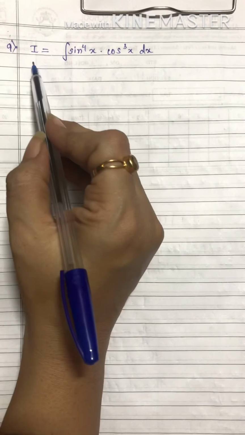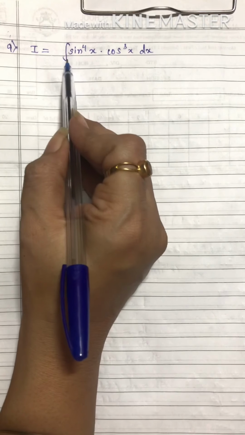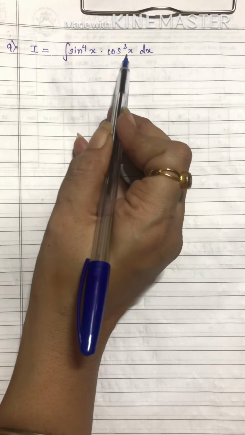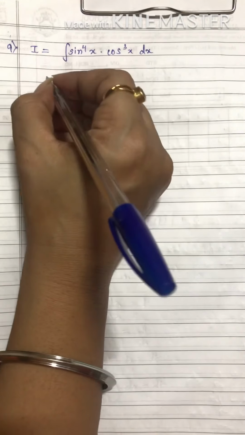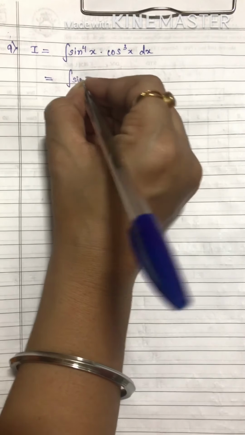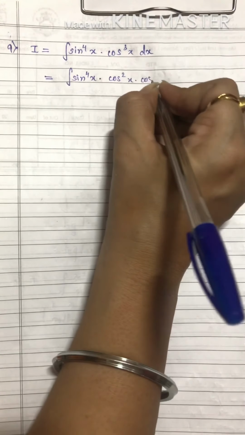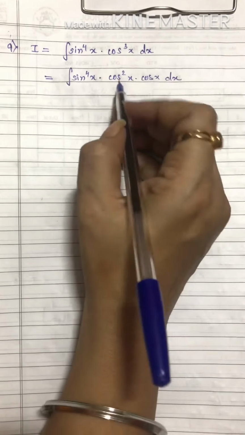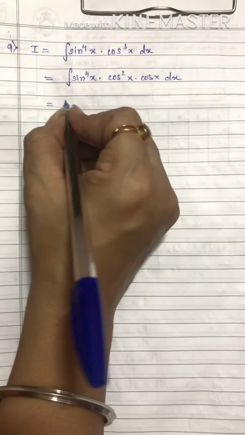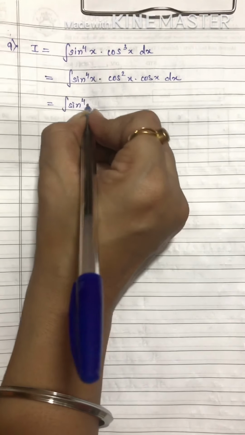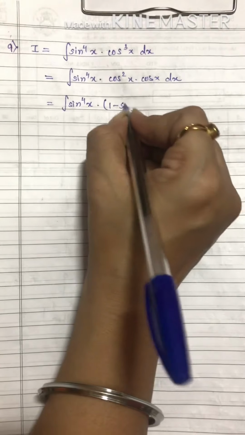Next, a very interesting sum, 9th question. I is equal to integration sine raised to 4 x into cos cube x dx. What we'll do, we'll keep sine as it is and we'll split cos cube x as cos square x into cos x dx. Okay, now this cos square x I am writing as sine raised to 4 x into 1 minus sine square x.